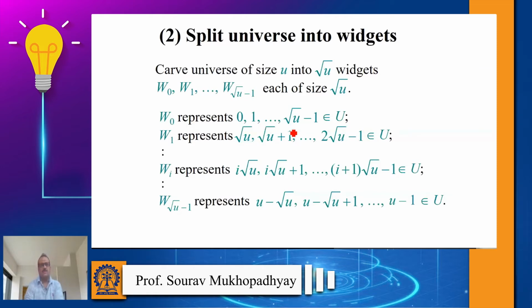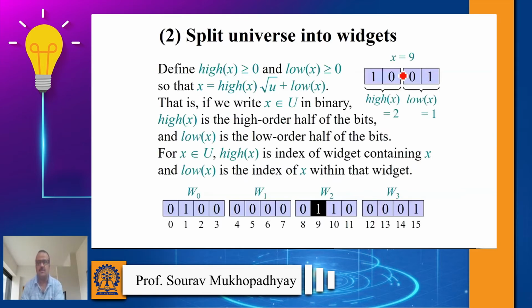Okay. So now we have also discussed this. We convert every element into binary, and then break it into equal halves, each of square root of u size.